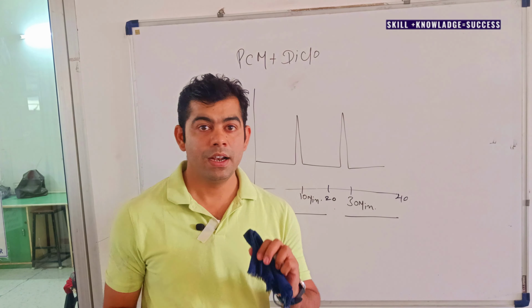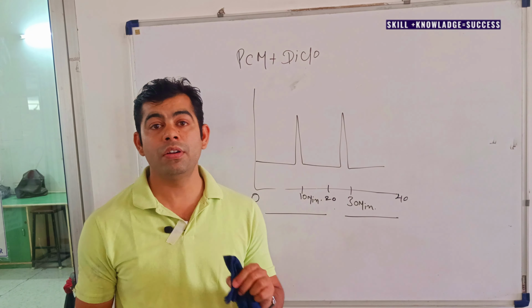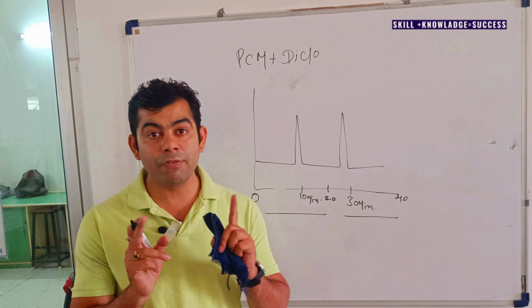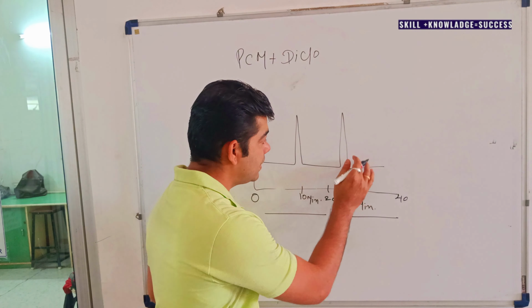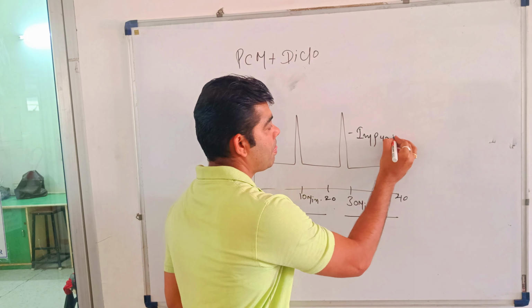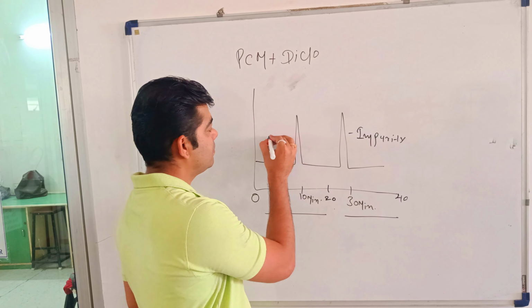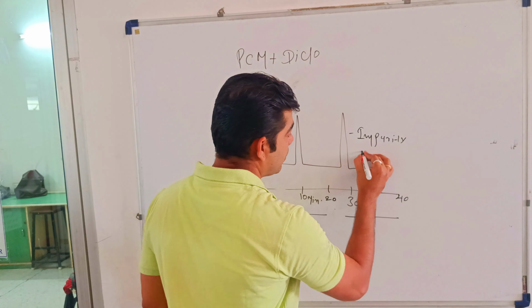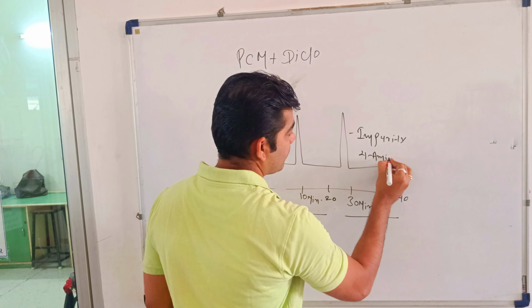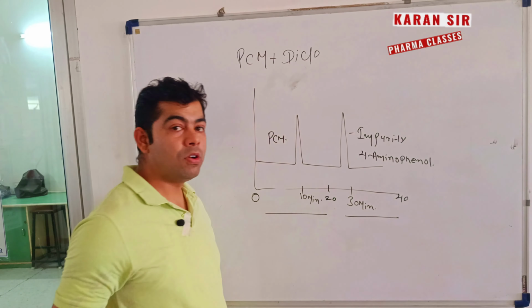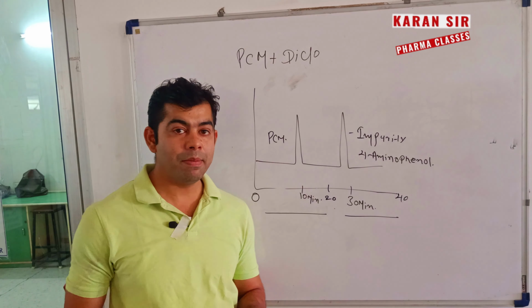The second thing is that gradient mode is also used for impurity profiling. If I want the drug peak plus the impurity peak in one graph, like this peak for the impurity, and the second is PCM. The impurity of PCM is 4-aminophenol. So 4-aminophenol impurity is present in PCM, paracetamol.